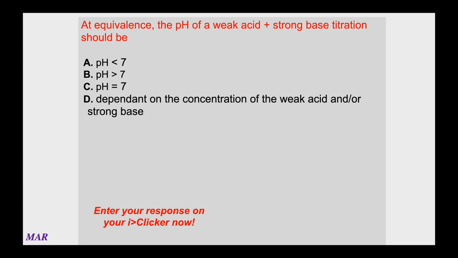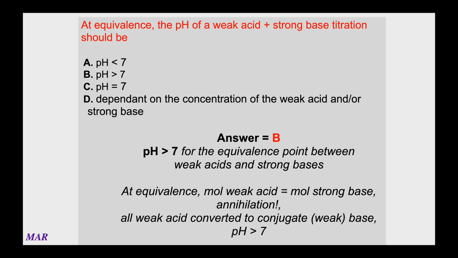But the weak acid creates its conjugate base, and a conjugate base is basic. That's what a base is, all right? And bases always have pHs greater than 7. So at equivalence for a weak acid plus strong base graph, your equivalence point should be basic.